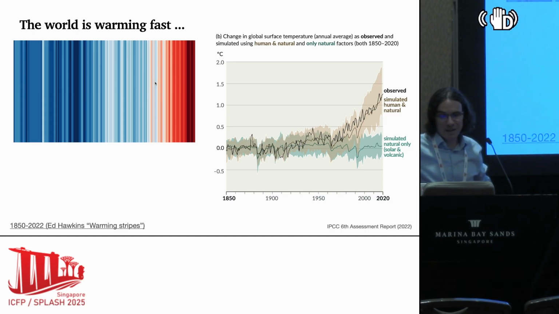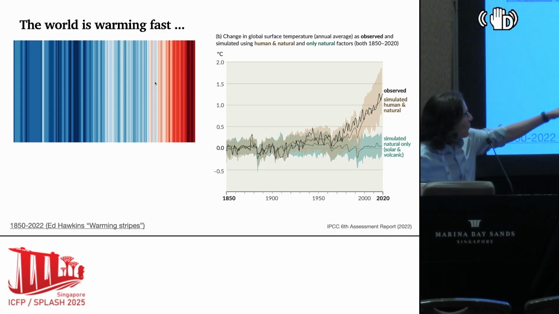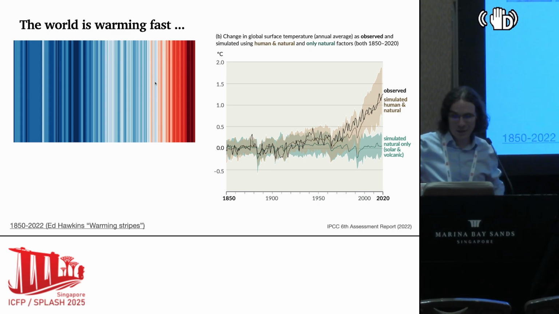If we take our simulations and subtract the anthropogenic sources of greenhouse gases, then on this graph on the right that's from the IPCC reports, we see that there would be almost no warming if you only took into account natural sources of forcings on the climate. So it's pretty clear that we're having a really quite dramatic effect on our global system.